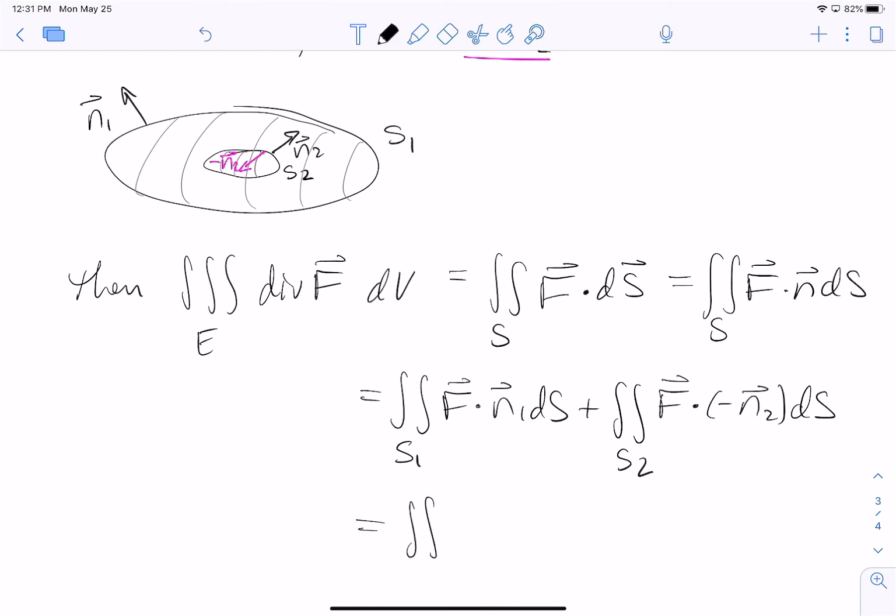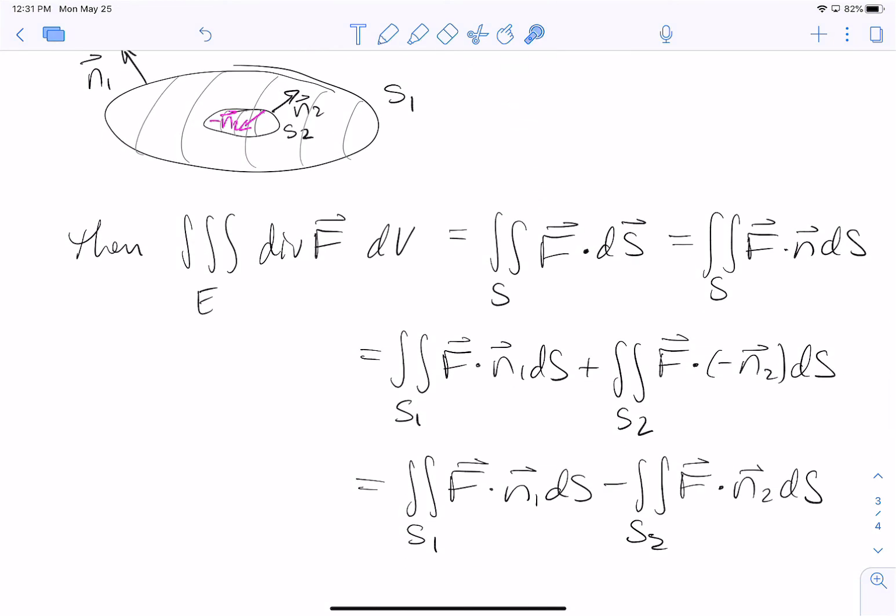So this is the surface integral over S1 of F dot n1 dS minus the surface integral over S2 of F dot n2 dS. And so in this way we can extend to non-simple regions.